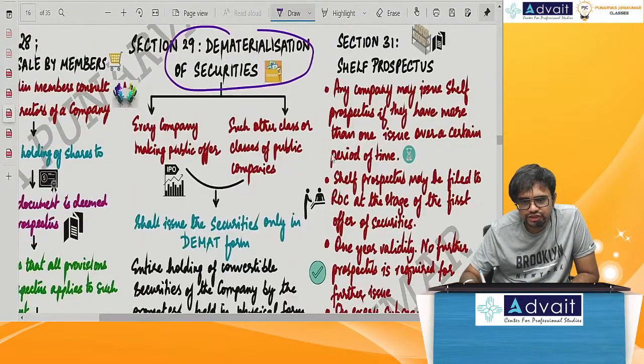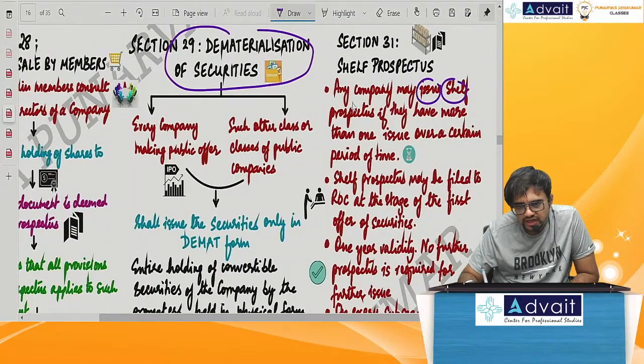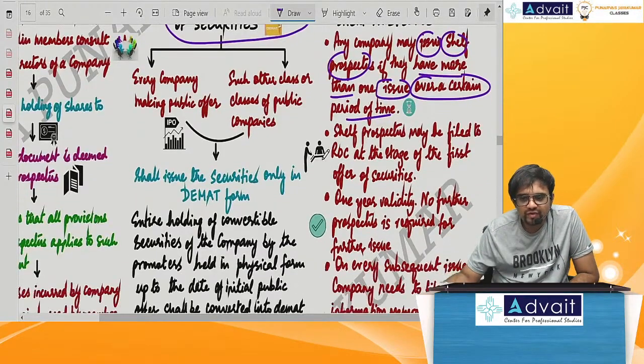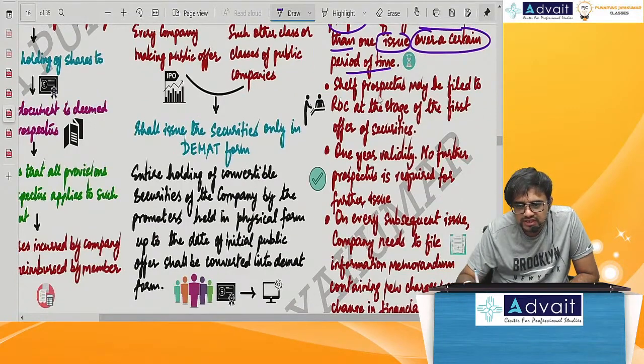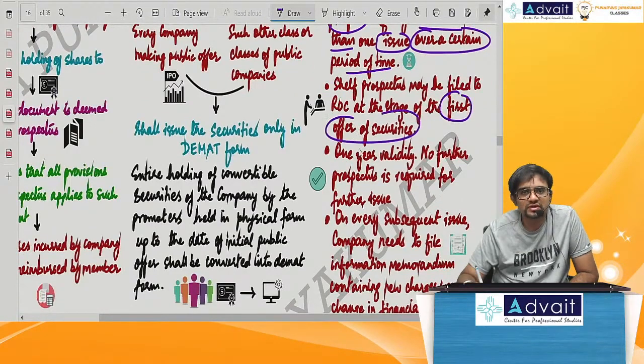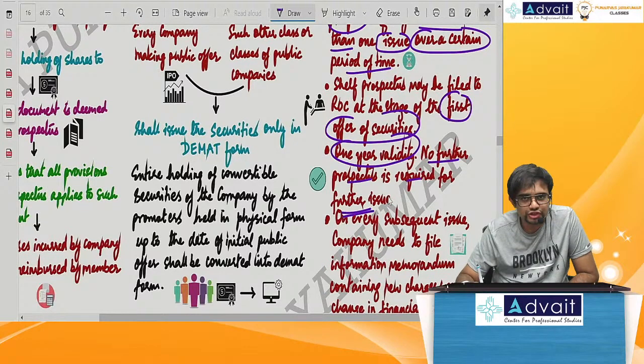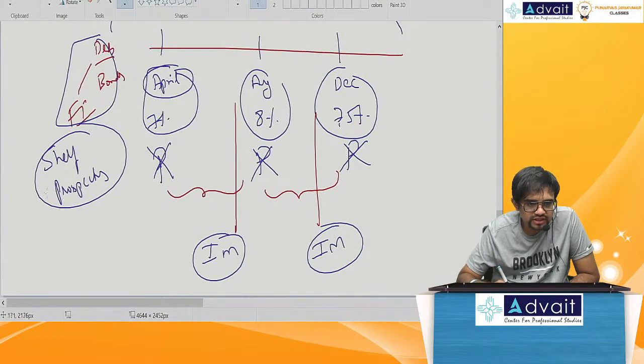Any company may issue a shelf prospectus if they have more than one issue over a certain period of time. That period will be 1 year. The shelf prospectus may be filed at the ROC at the stage of the first issue itself. 1 year validity is given, and no further prospectus is required for further issues.